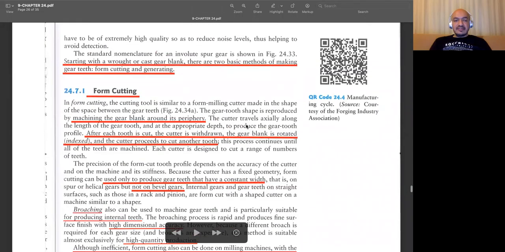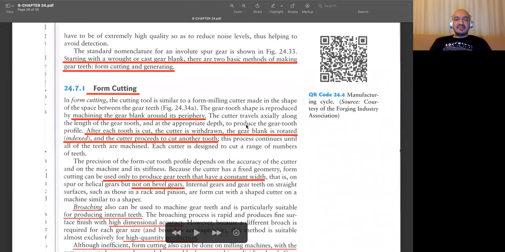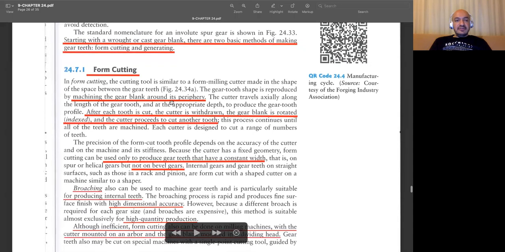It's not complicated. The principle is simple, but you need to use proper tools. The width of the tools is highly important. Their cutting edges and their hardnesses are important to obtain high quality surfaces. And they can only be used to obtain constant width teeth. If your width is changing along your cross section, then you cannot use form cutting.